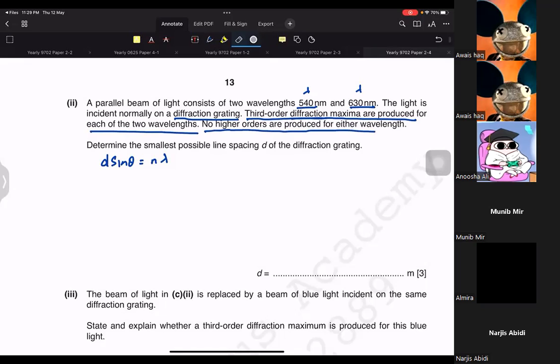Let me think. So we got d. Because the maximum diffraction is produced when theta is 90, we're going to put 90 here. n is the third order, we got the lambda. And now which lambda to choose? This is the important question.